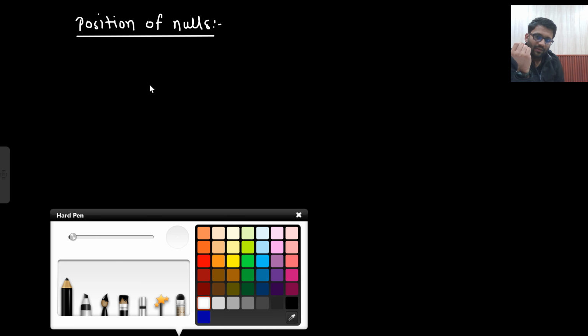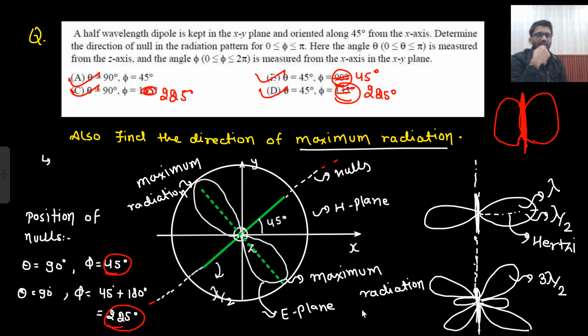What I mean to say is that if I write down the position of nulls, this will be the true answer, because now MSQ has also been introduced. So the position of nulls will be theta belonging to anything from 0 to 180 degree, and phi should be 45 degree or 225 degree. There you go.